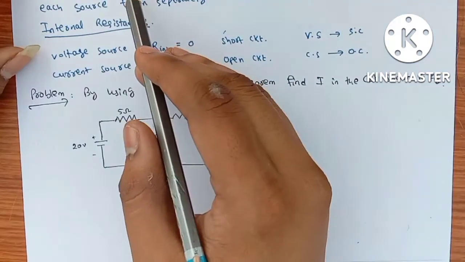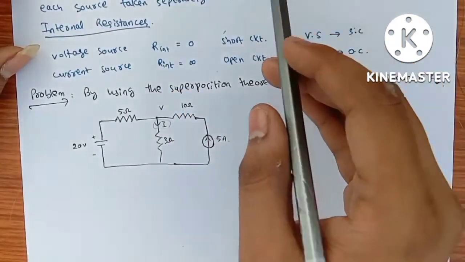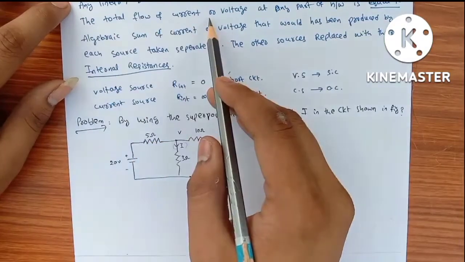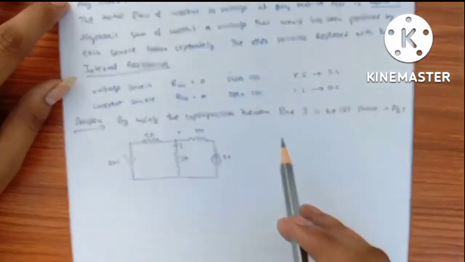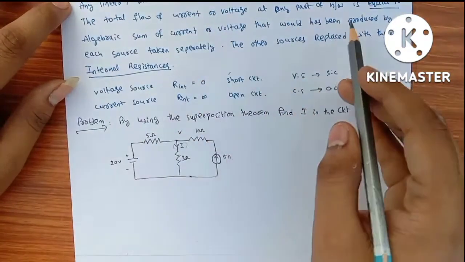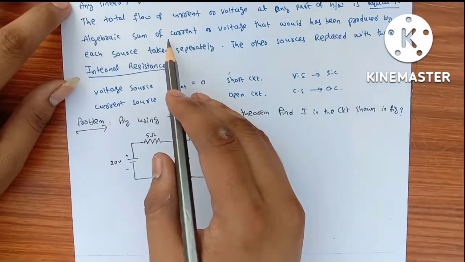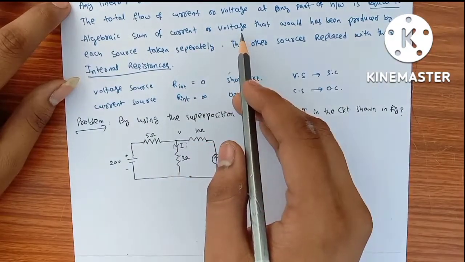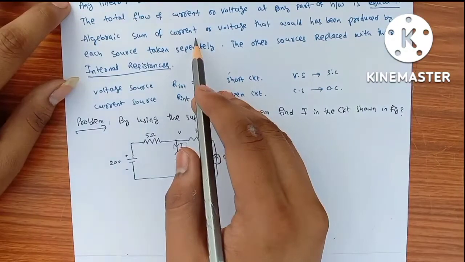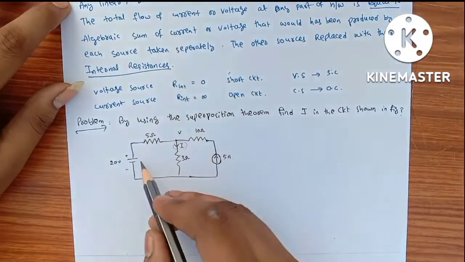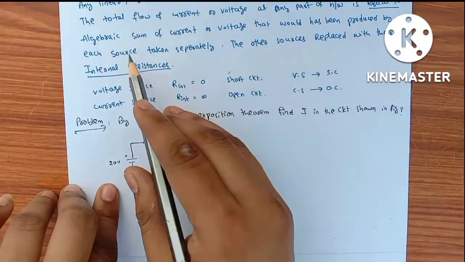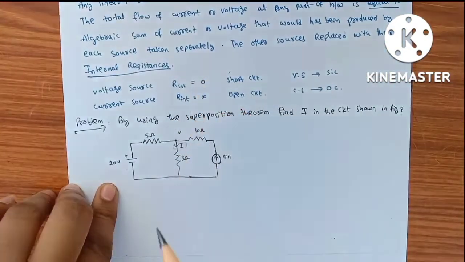From the statement, the total flow of current is equal to the algebraic sum of the currents produced by each source taken separately.